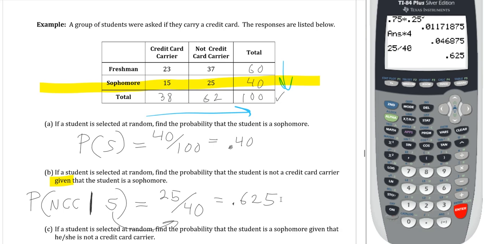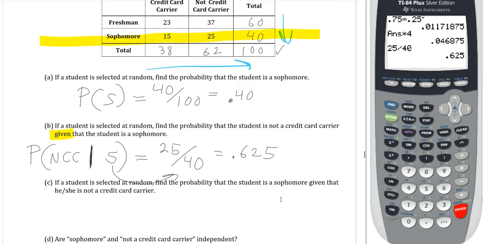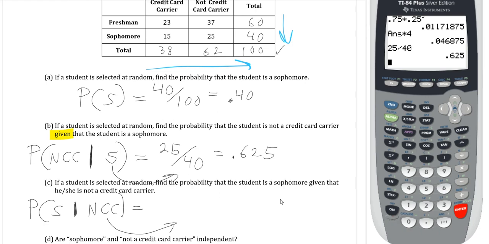All right, so that's how given probability is going to work. Now the next one says that the student is selected at random, find the probability the student is a sophomore given that he or she is not a credit card carrier. Some would look at that problem and say, well, that's the same thing as last time, isn't it? No, it is not. In this case, the given event has changed. I'm no longer considering all sophomores, I'm considering all non-credit card carriers, which looking at my table is this column.